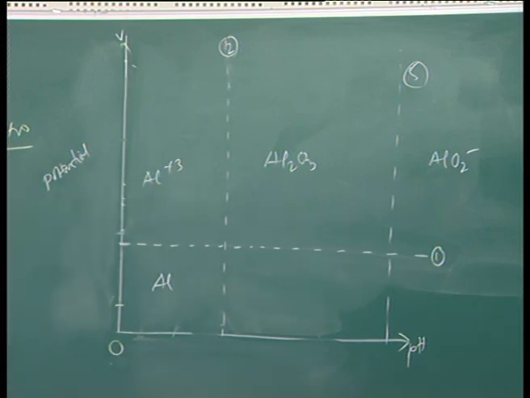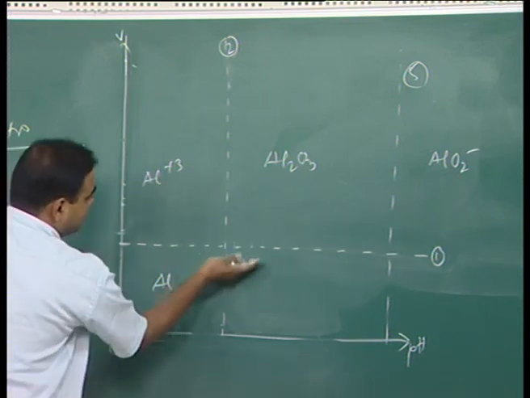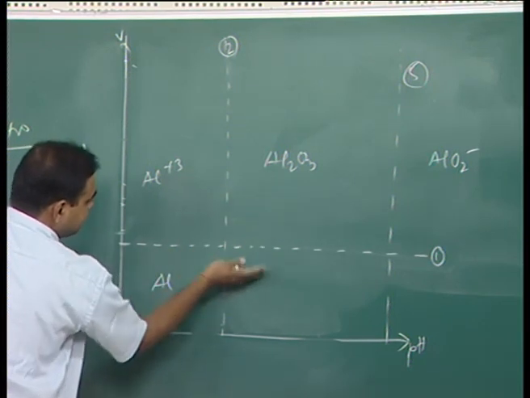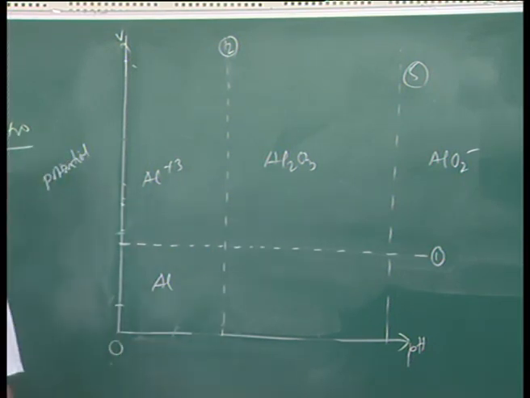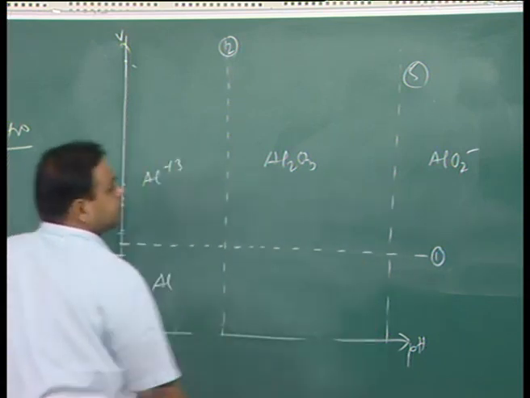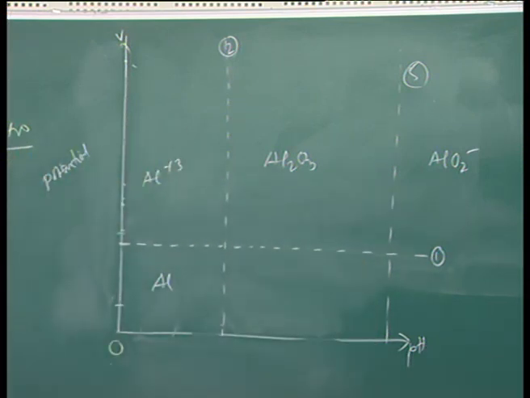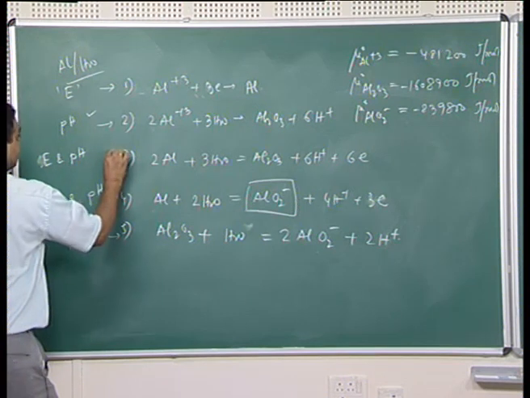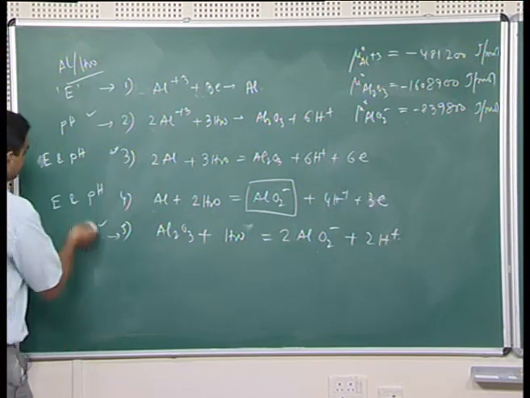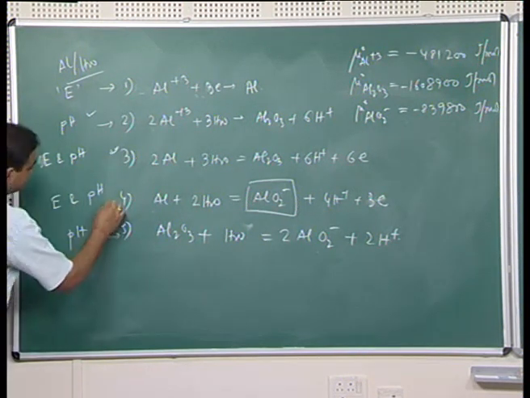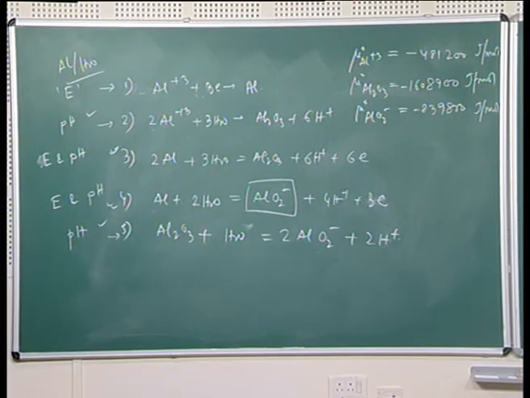Now, still we are not sure up to what extent this can remain below this line. So, that would be decided by the potential pH relation of these two reactions, 3 and 4.